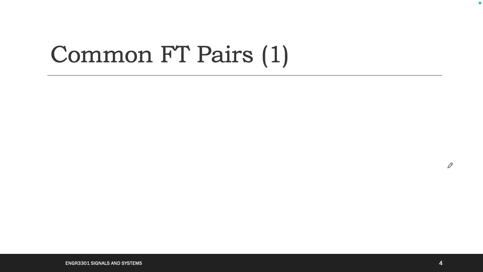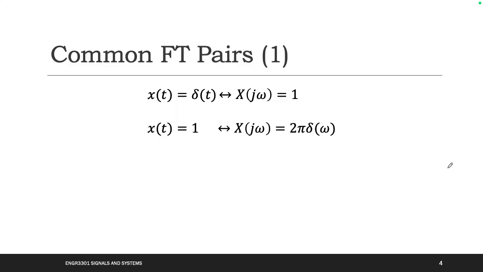If your x(t) equals delta(t), what's your FT coefficient? Do you remember? Yes, 1, that's right. And if your signal is 1, a constant, what's your FT coefficient? Now it should be this one: 2 pi delta(omega).